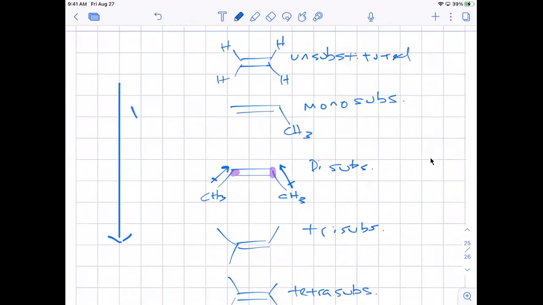So this is increasing stability. Right? So the stability is increasing as you increase the number of substituents on the alkene.